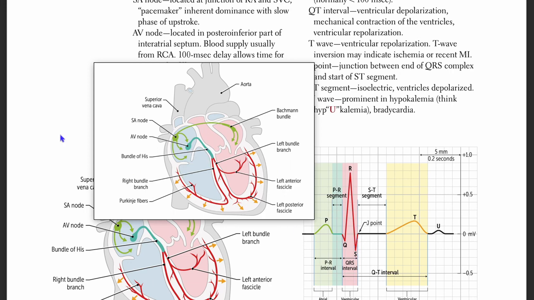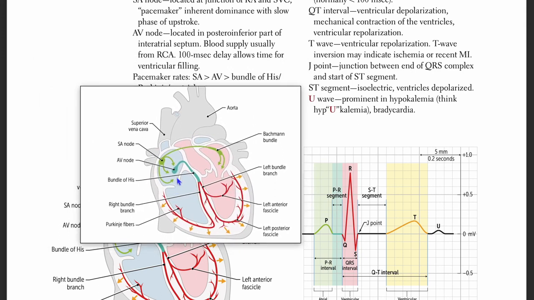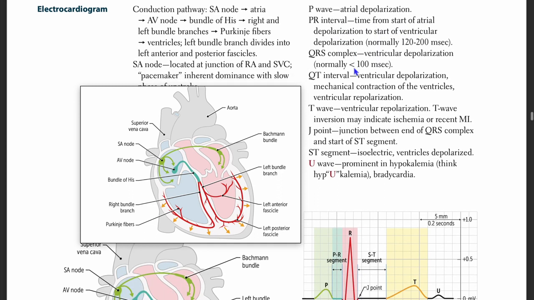Okay? It's not important that you know the components of this. Just know that P is the atrial depolarization. QRS complex is the ventricular depolarization. Okay? And this PR segment, the PR interval, is the time from the start of atrial depolarization to the start of ventricular depolarization, right?